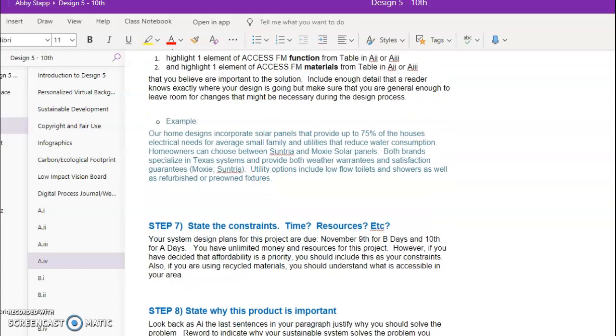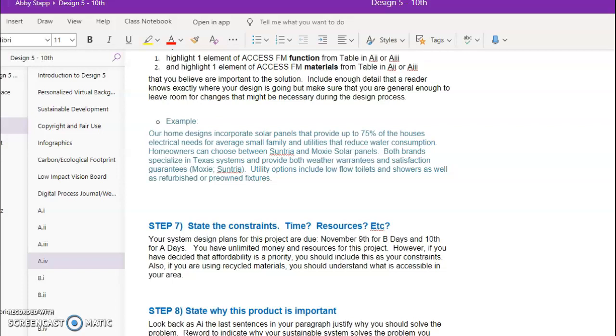All right. Step 7 is state the constraints. I have not given you the constraints until now, but here they are. You're going to say that your due date for the design of this product is November 9th for B days. It is November 10th if you're an A day student. You have unlimited money, and I've said this, and resources for this product.